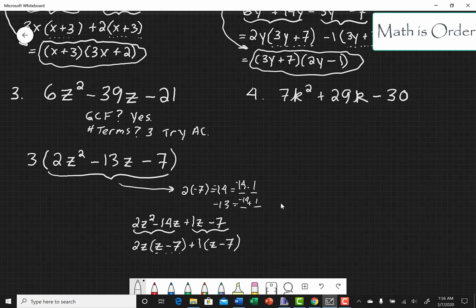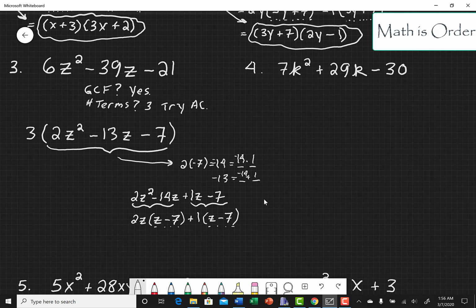And we got the same z minus 7 in both of those terms, so we can go ahead and factor that out. So z minus 7, and after factoring that out, we'll have left 2z plus 1. And so this completes the factorization of 2z squared minus 13z minus 7, but this is not the final answer.